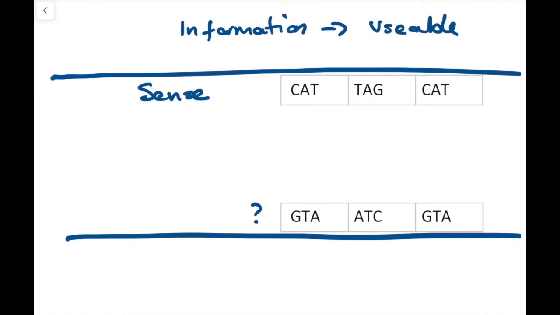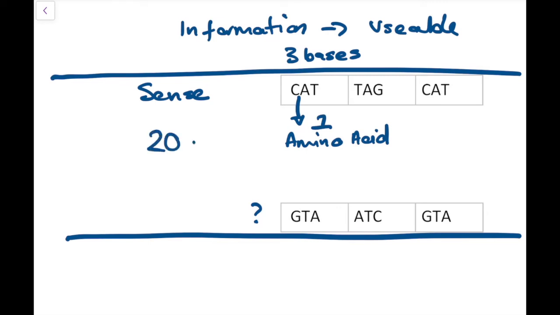Rather than being like English words, if these words really had the sense to give the information for an amino acid, it's a triplet code. Three bases can be read as one amino acid, one of the 20 amino acids that it's possible to have. Whereas if we read this, it doesn't make sense.